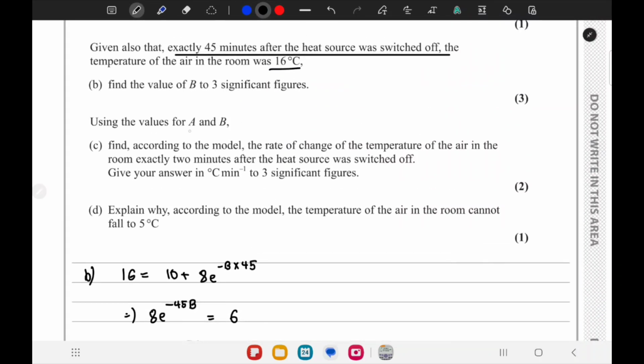Now in part C, we have to use the values of a and b. The rate of change of the temperature, so dT by dt, at exactly 2 minutes after the heat source was switched off, giving our answers to degrees Celsius per minute.